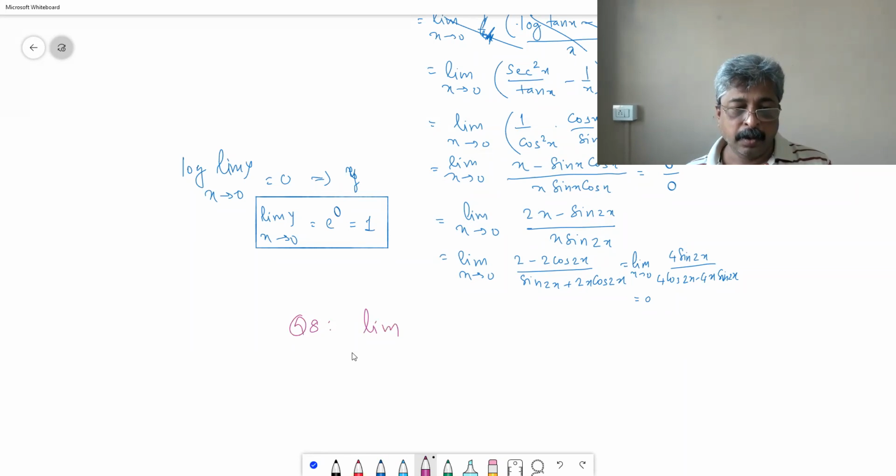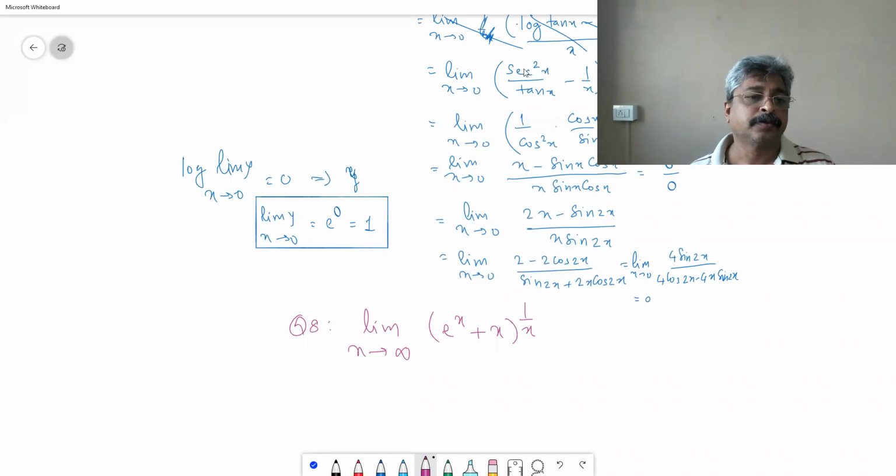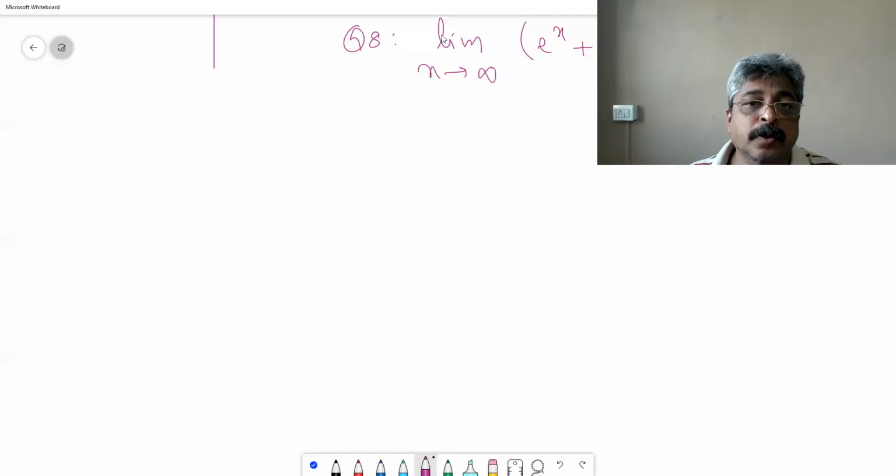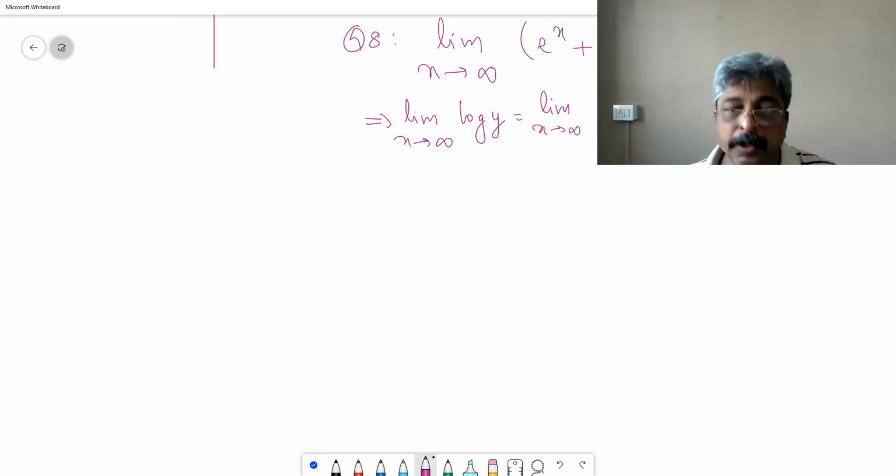Limit x tends to infinity, (e^x + x)^(1/x). Let this be y. This implies limit x tends to infinity log y is equal to limit x tends to infinity (1/x) log(e^x + x).